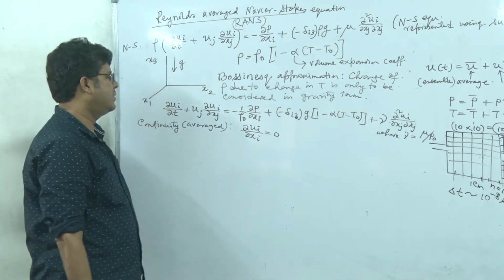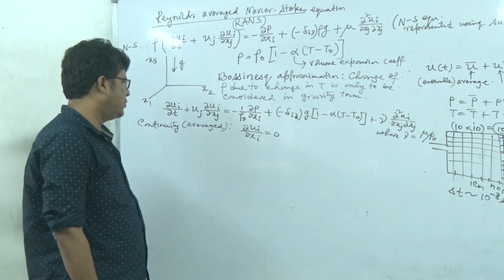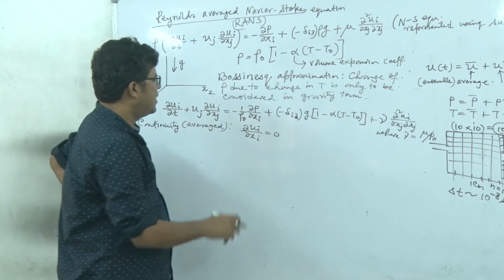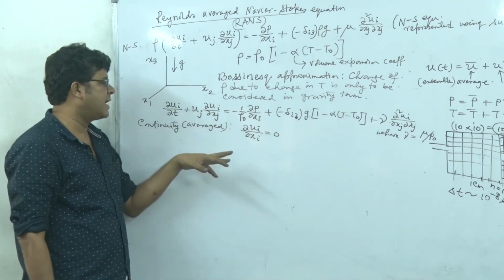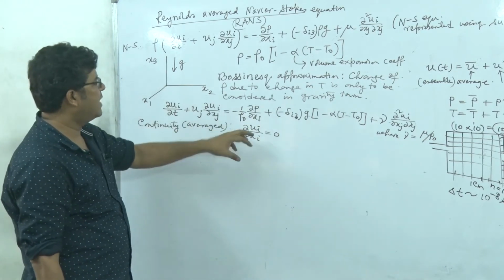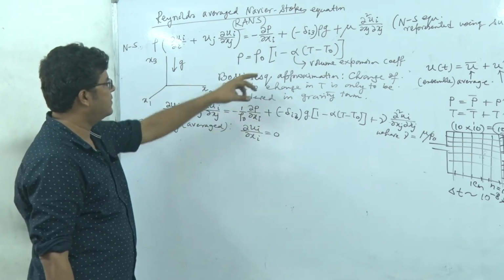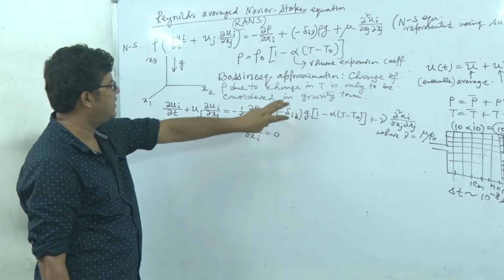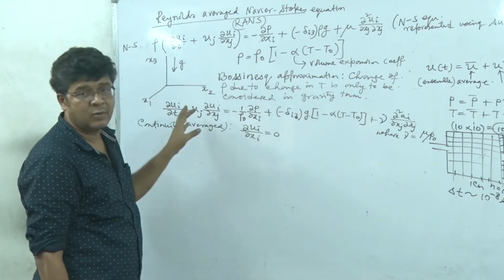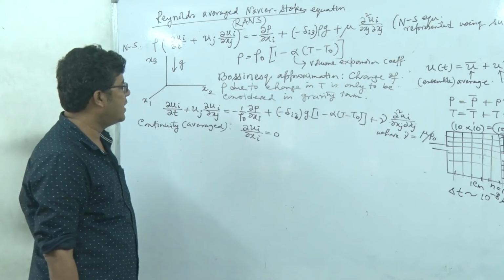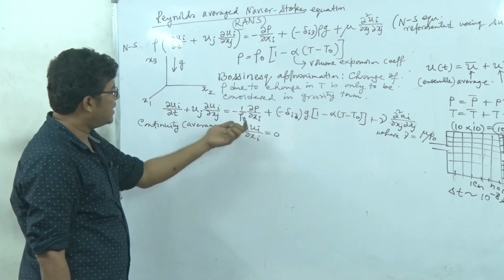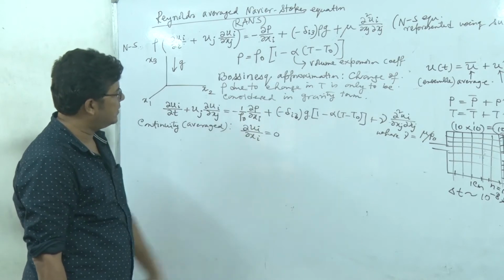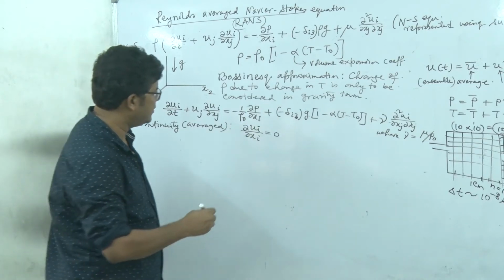In continuity the change of density has not been accommodated, because it has a negligible effect. This temperature-led change of density only affects the gravity term and nowhere else. So for a steady state case, it is del ui del xi equal to 0.